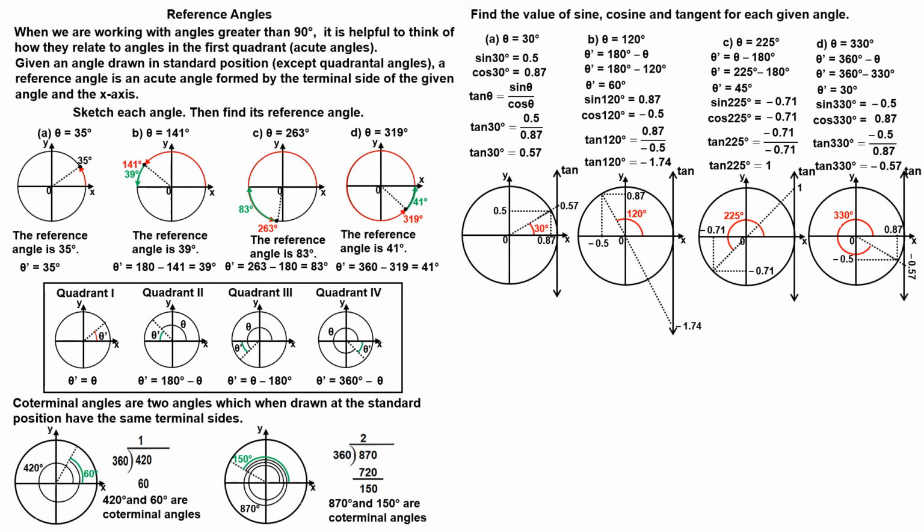Find the value of cosine, sine, and tangent for an angle of 1215 degrees. We divide 1215 degrees by 360 degrees, and the remainder will be the coterminal angle we are looking for.